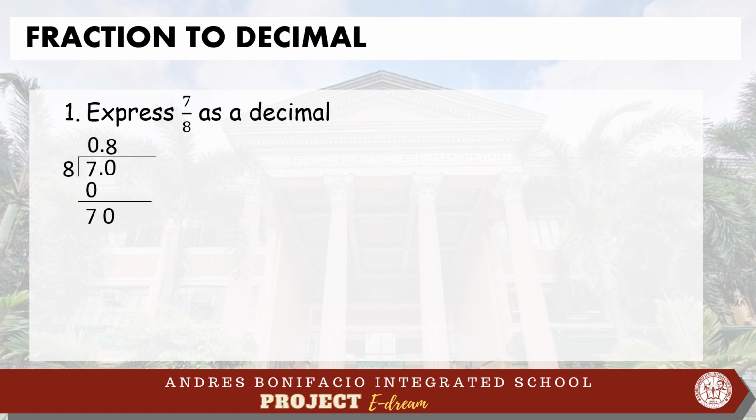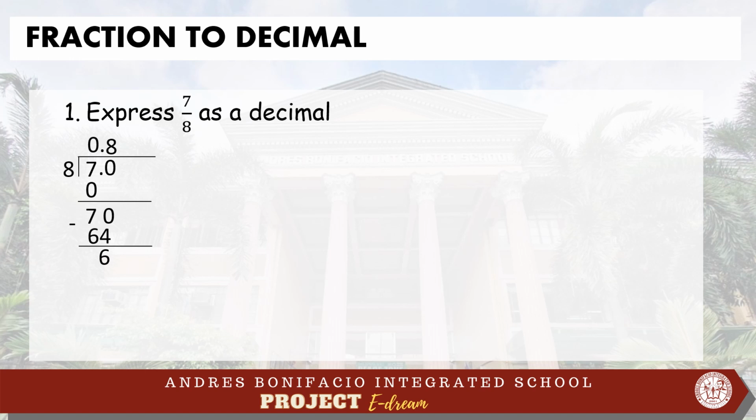is equal to 8. So, 8 times 8 is equal to 64. So this time, you're going to subtract 64 from 70. So we have 70 minus 64 is equal to 6. So 6 divided by 8 cannot be.